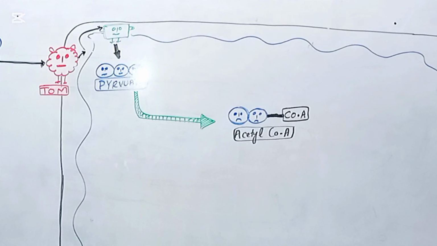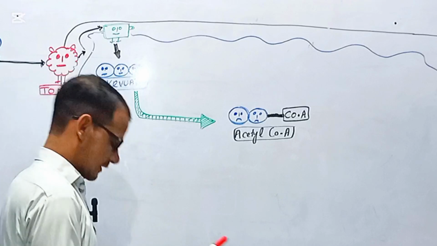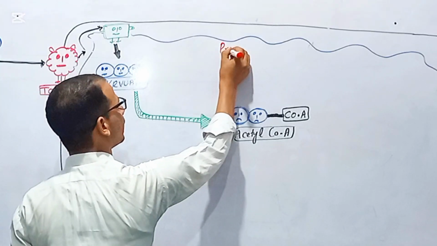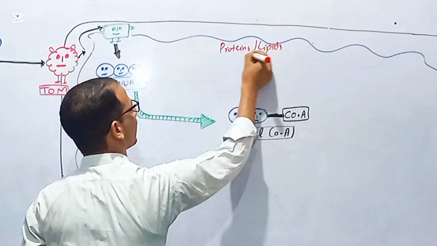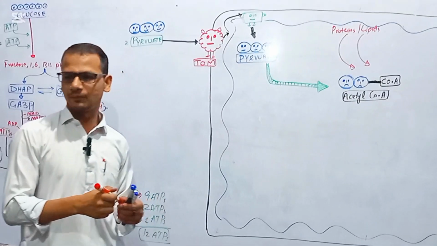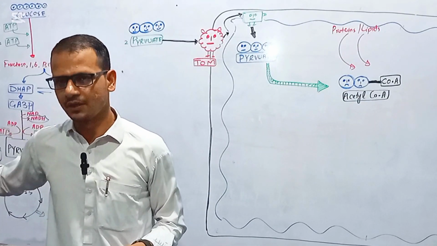Not only glucose will be converted into acetyl coenzyme A, but also proteins and lipids will first convert into acetyl coenzyme A, and this acetyl coenzyme A will run the Krebs cycle for energy production.